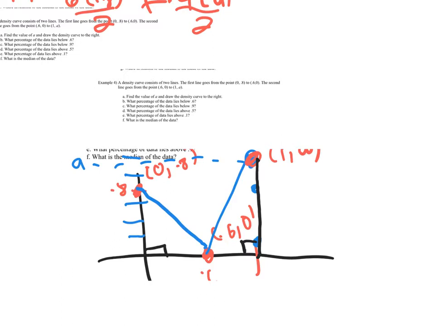This was 0.6, right? Yeah, you can use that as a point. Now you got that point, and you also have that point. So you got enough points to find slopes.